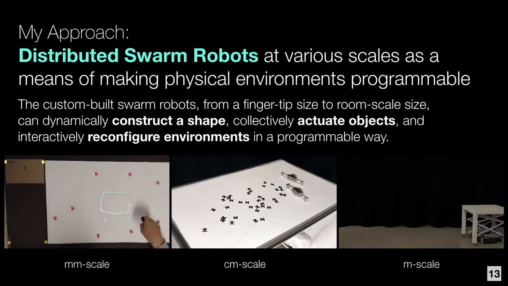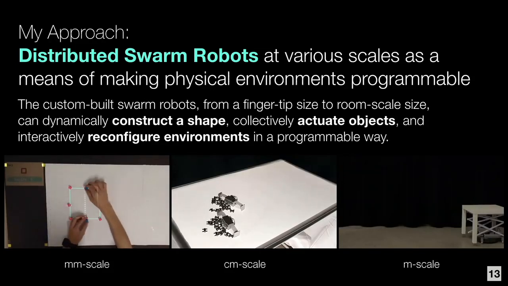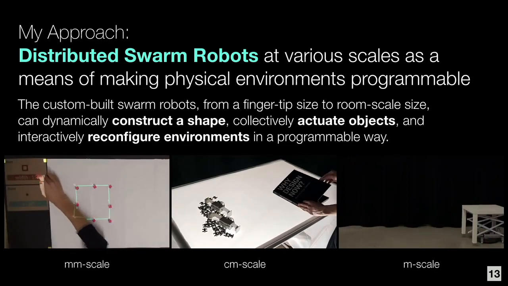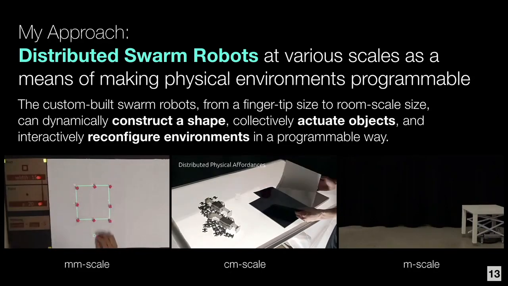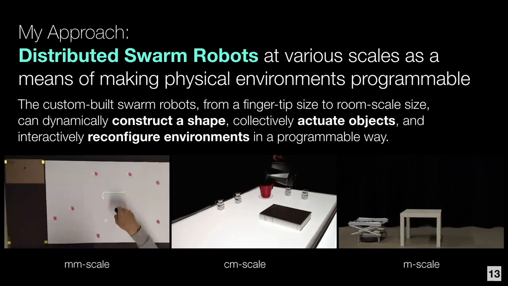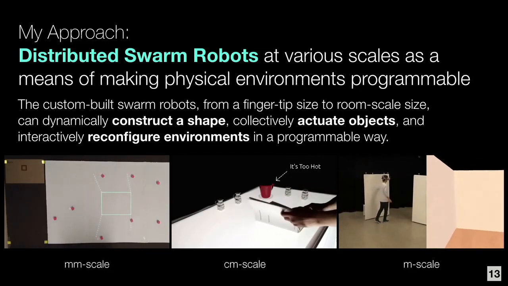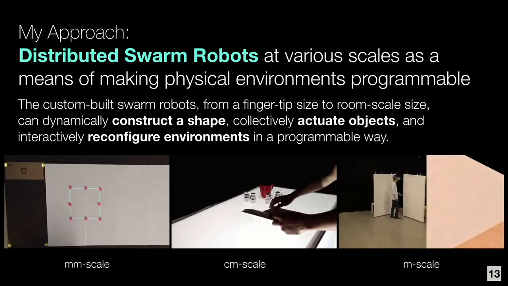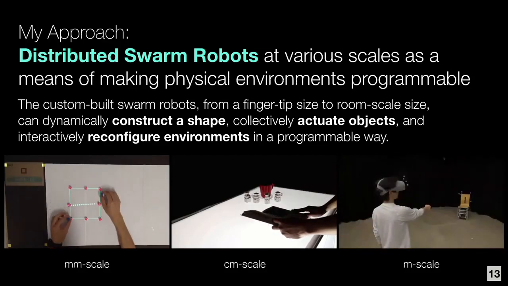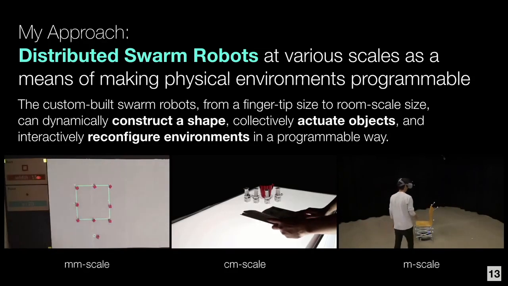These custom-built swarm robots, from fingertip size to room scale, can dynamically construct shapes and collectively actuate objects, and dynamically, interactively reconfigure the environment in a more programmable way. These robots can be easily deployed into the existing environment so that we can make our environments more adaptive, interactive, and programmable.